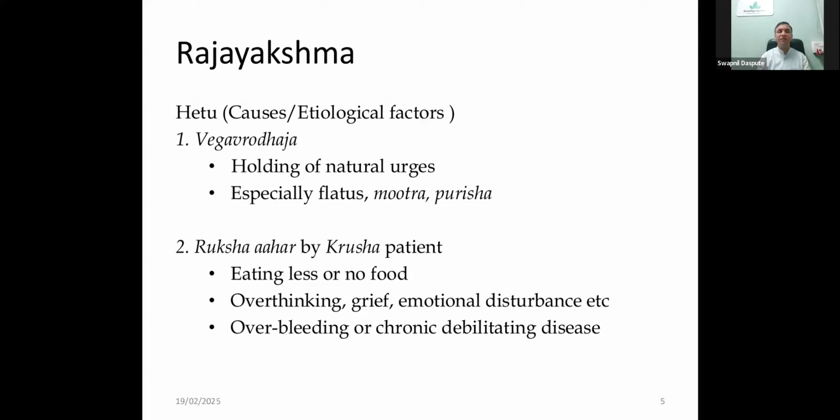Vata has 5 subtypes. Apana Vayu, yes, correct. So Apana Vayu is majorly affected here, when there is holding of natural urges, especially flatus, mutra, purisha.